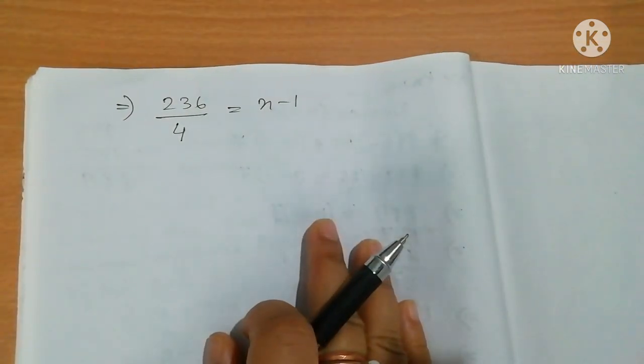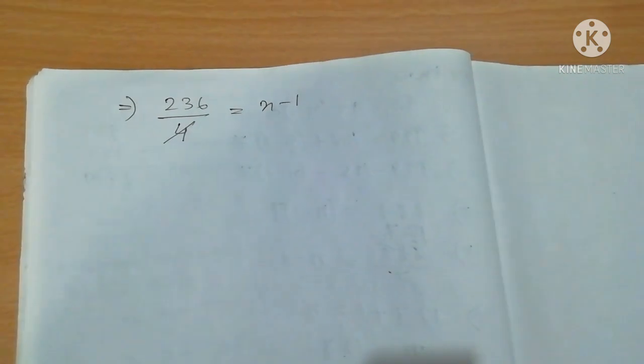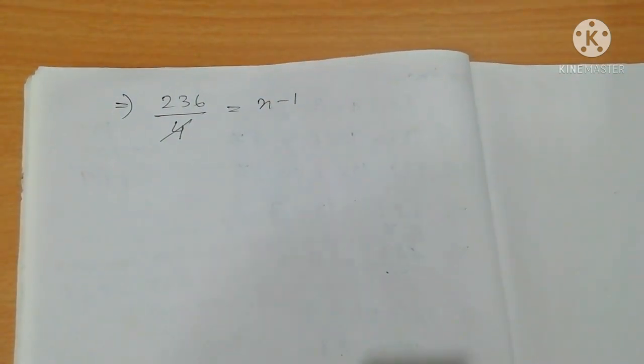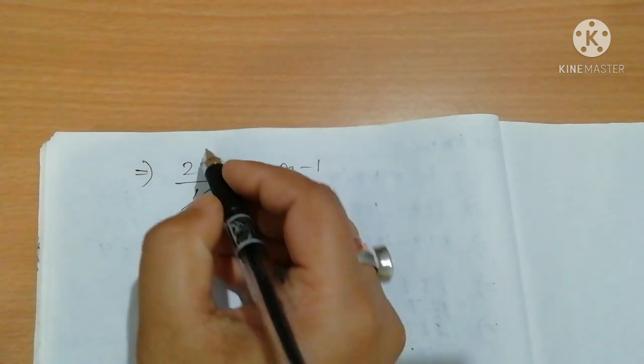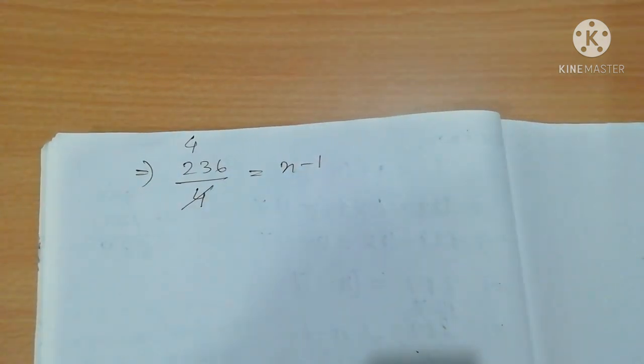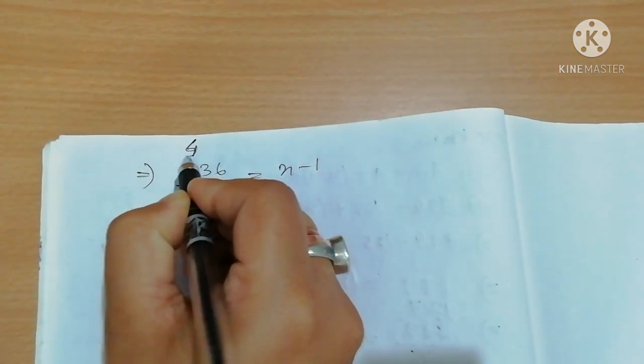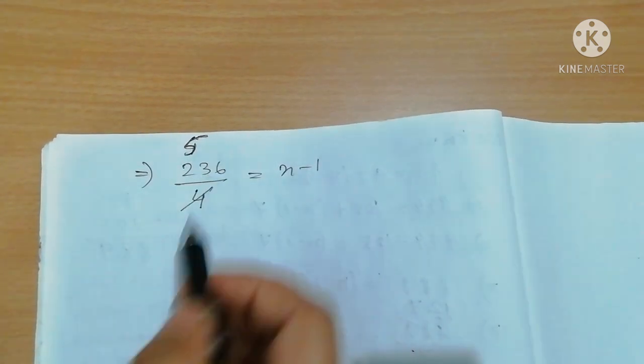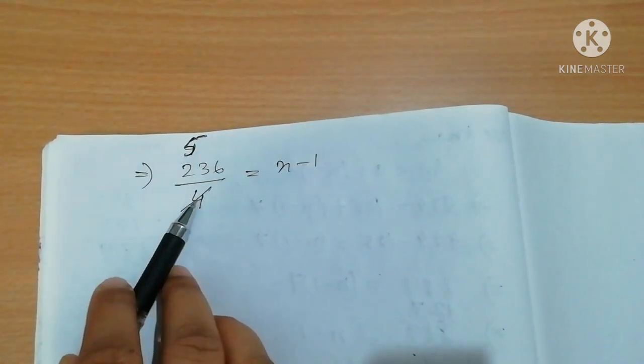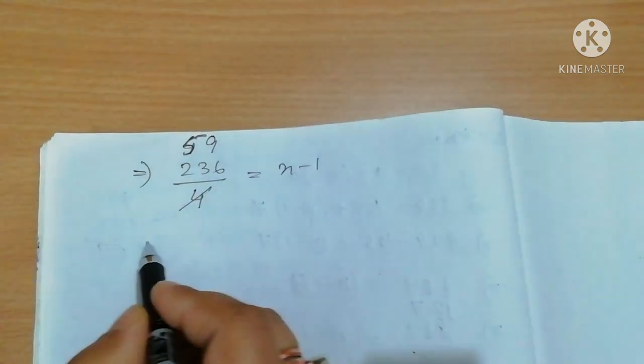So 236 is divided by 4. 4 4s are 16, 23 minus 16 will be 7. 4 6s are 24, 4 5s are 20, 4 7s are 28, 4 8s are 32, 4 9s are 36.